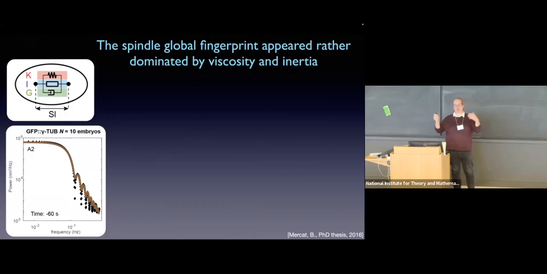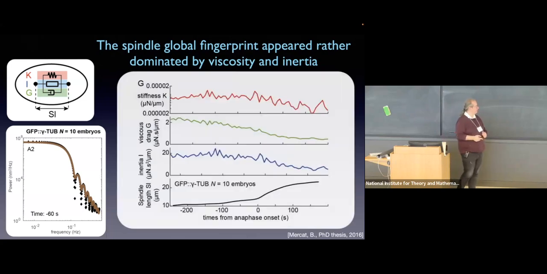Because, of course, if I do that for the whole spindle, I could have an equivalent mechanism, but this mechanism is probably useless. There is probably no mechanism governing early metaphase, late metaphase, early anaphase, and late anaphase. There are so many things that change. So we rather focus on small time periods.